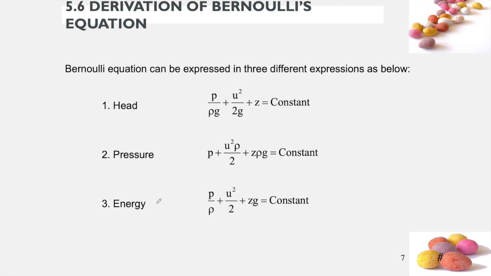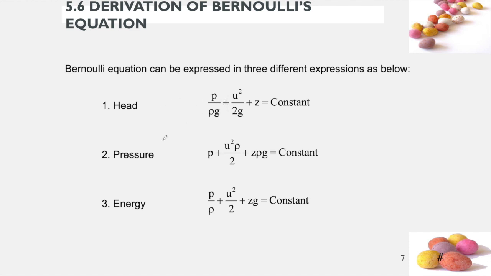So we can express Bernoulli's equation not only in terms of head, we can express it in terms of pressure and energy. From here, we know that this energy is in terms of head, which is in meters.